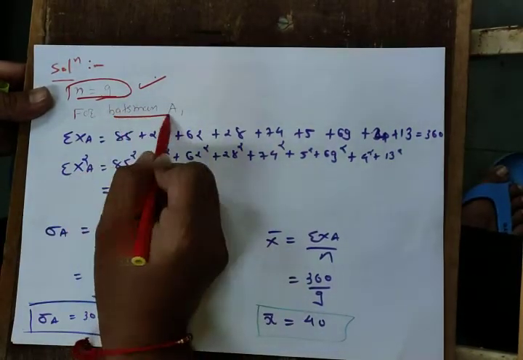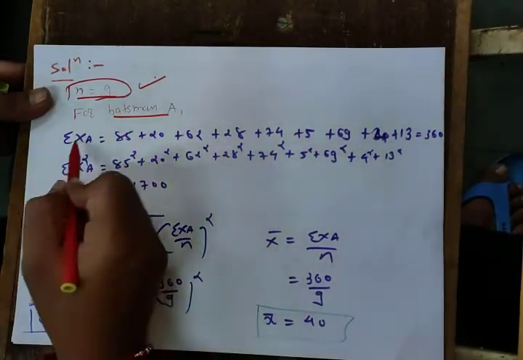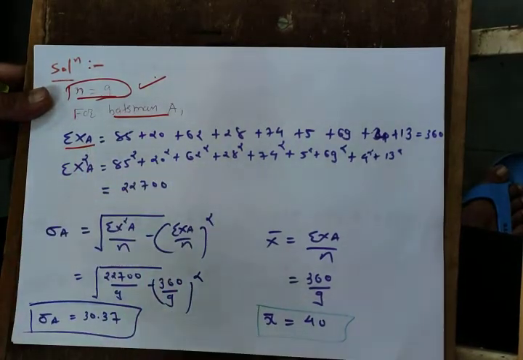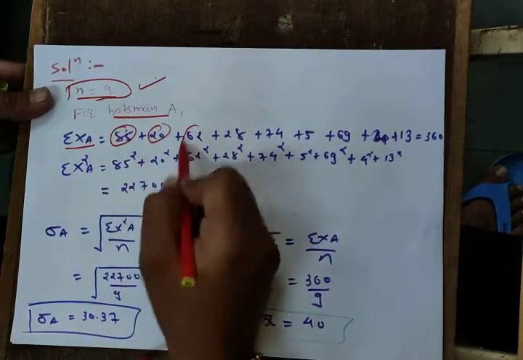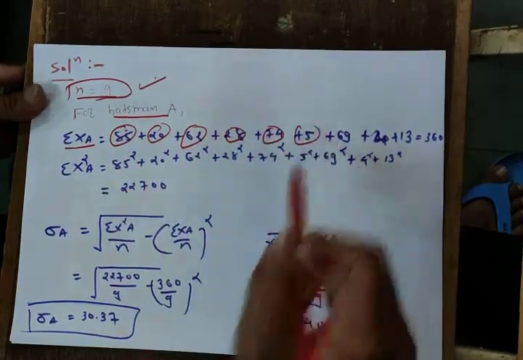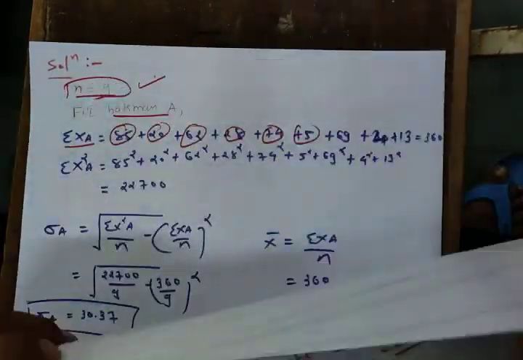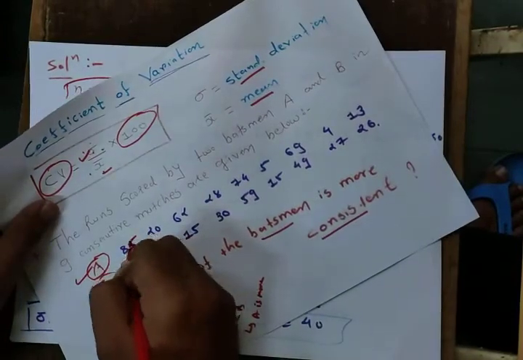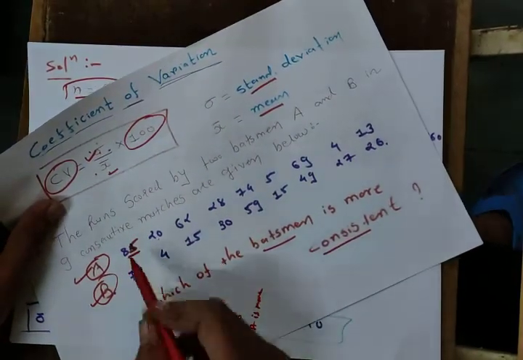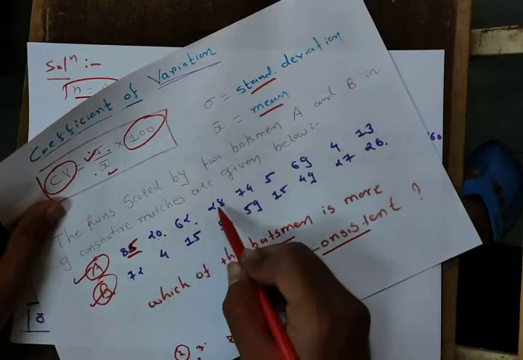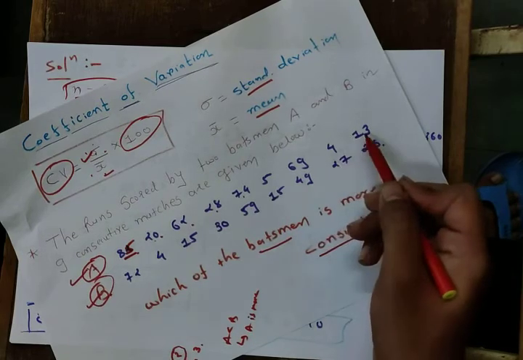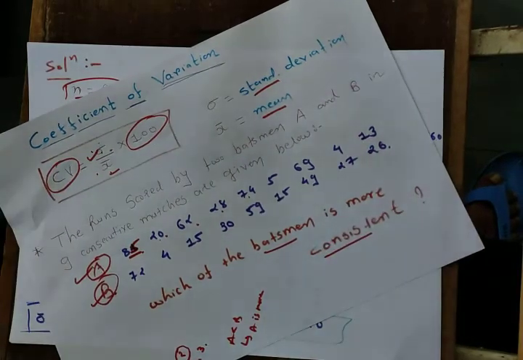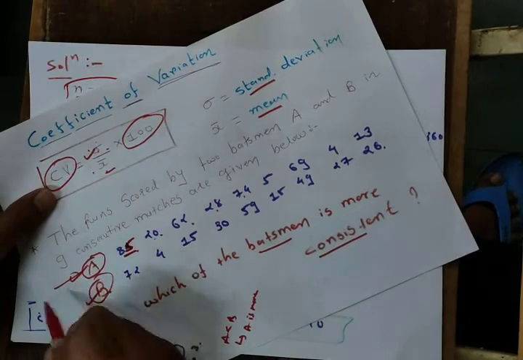Then for batsman A, sigma x A is the summation of all elements of A. Already given, I will take 85, 20, 62, 28, 74, 5, 69, 4 and 13. All these elements I will add.